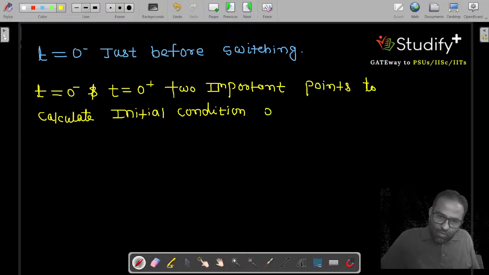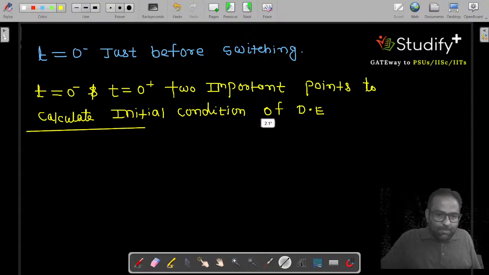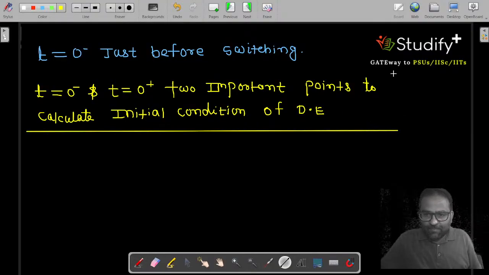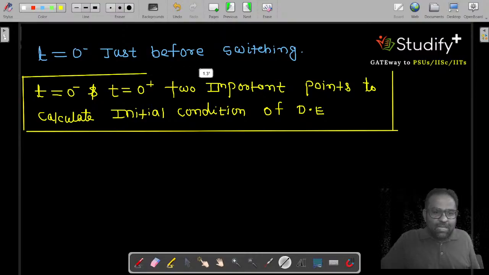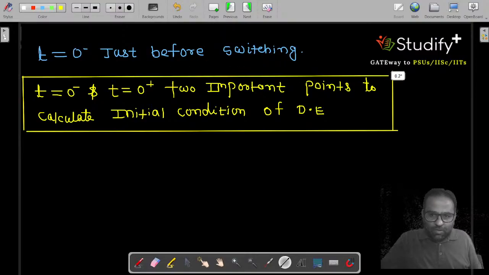This is a very important statement. I will use this statement again and again, because the solution of the differential equation is valid at t equal to 0 plus.